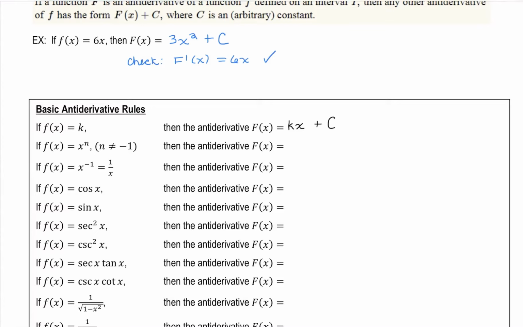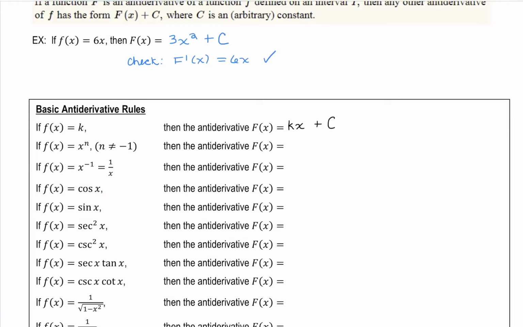Now, the power rule, kind of what you were thinking about critically as you worked these last two examples backwards: when you think about the power rule for the derivative, it's multiplying by the power first and then decreasing the power by 1. So we're going to do the opposite thing in the opposite order.